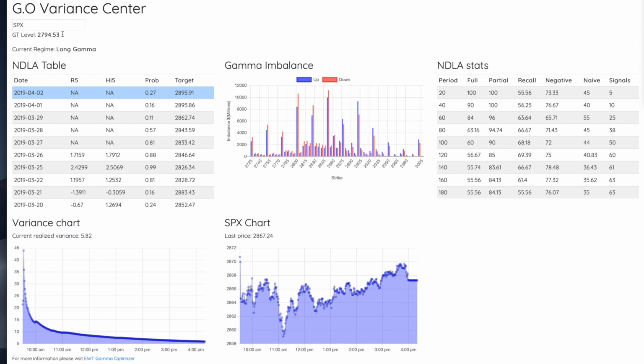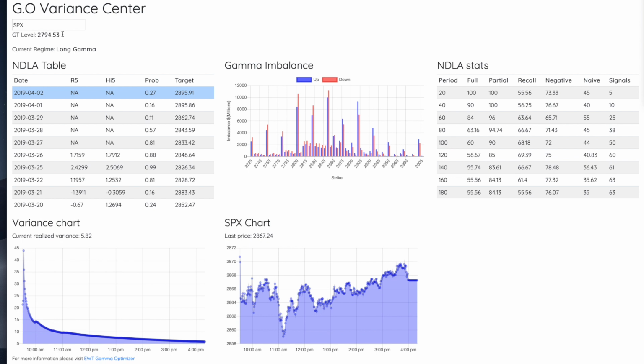So the market is falling, option dealers are selling, the market falls more, option dealers sell more, and it's like a feedback loop. And if the market goes up, it's the same thing. Option dealers need to buy to remain neutral. So they buy, the market goes up more, they buy more.